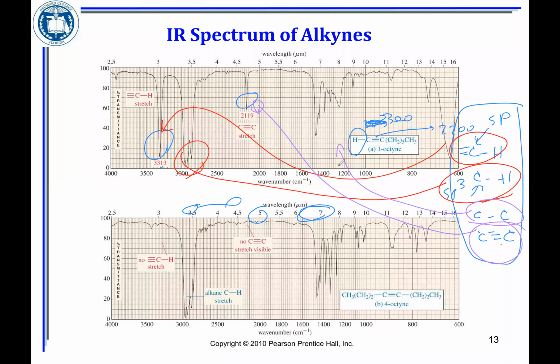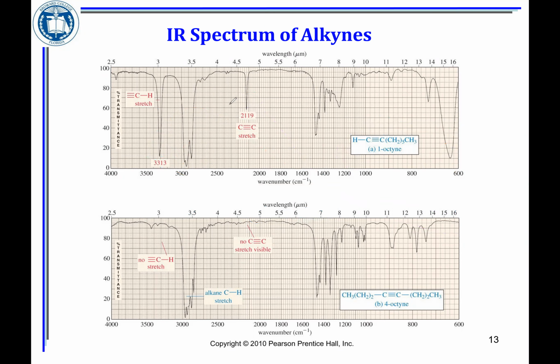Okay, so basically it depends on how complex your molecule is and how many different types of functional groups you have. You would see different peaks at different regions. And if you know the expected location for each of these, you can interpret basically the IR spectrum.